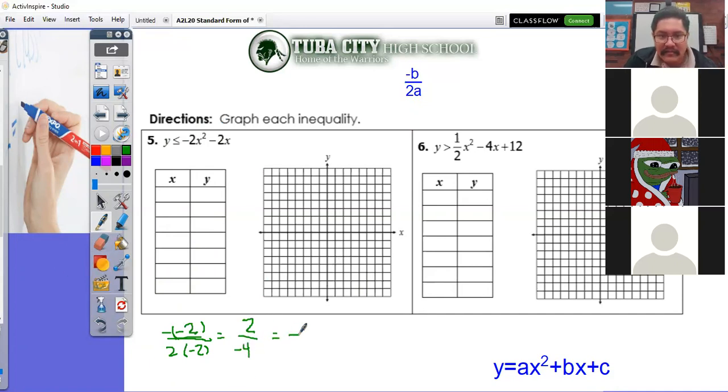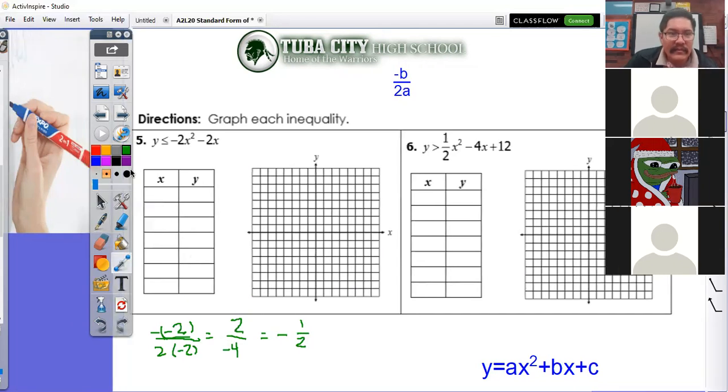Continue dividing, so we cannot divide 2 by 4, so we are going to have to reduce it. So divide each of them by 2, and we get negative 1/2. So as we make our axis of symmetry, it's going to go right through here like that.